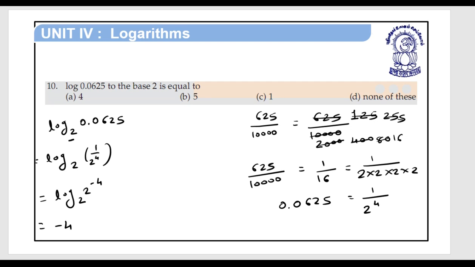So minus 4 log 2 to the base 2 is equal to minus 4 into 1. So answer is minus 4. So answer is D, none of these.